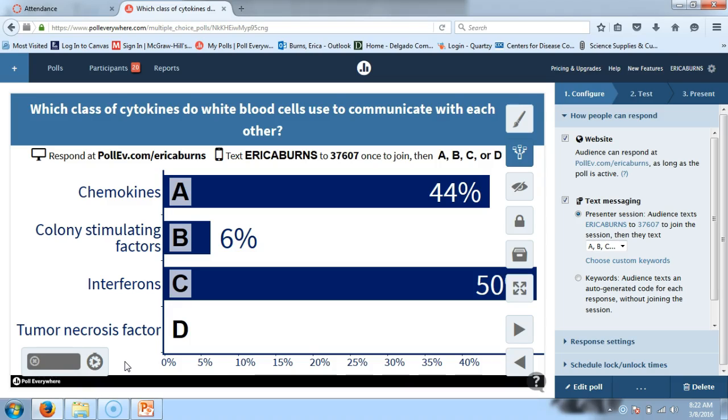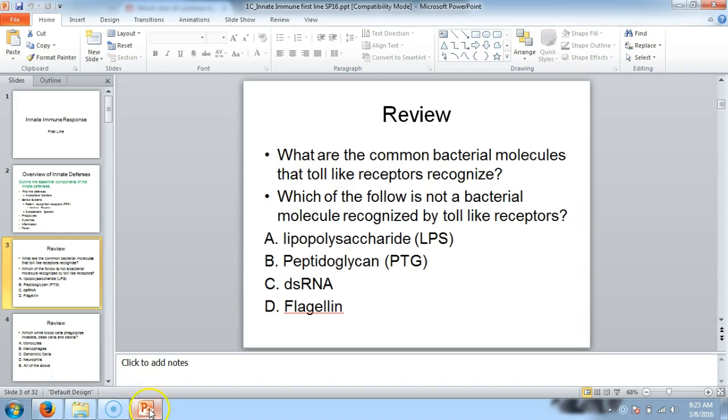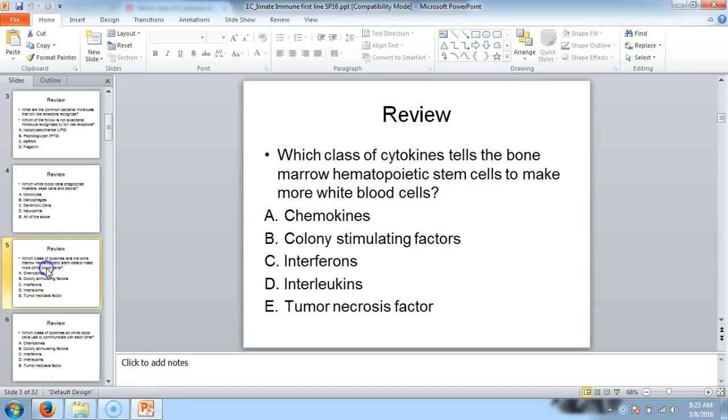But that's good, though. Based on the choices, you guys have got this right. But one of the ones I wanted to ask for some reason didn't show up in my poll. So yes, interferons is going to allow white blood cells to communicate with each other. I was looking more specifically for this one.